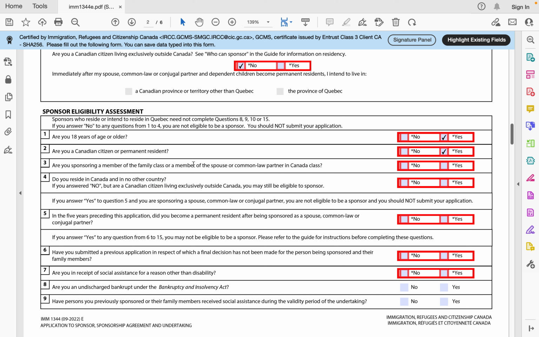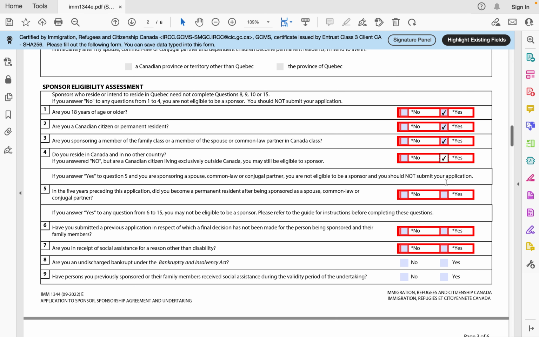Our application was under the family class, so it was yes. Moving on, do you reside in Canada and in no other country? Definitely it was the case because the husband was living in Canada. So now we fill that section. Now we'll go to the next section.